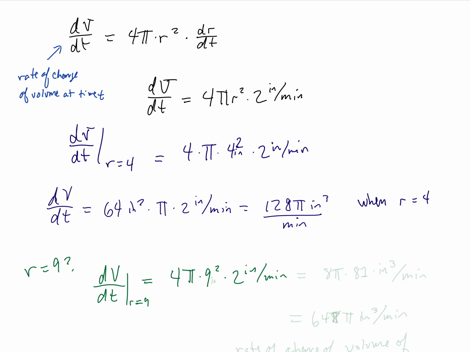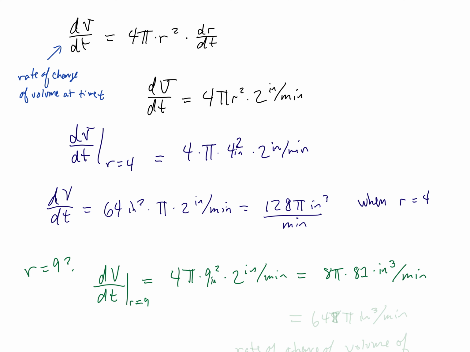And this is again in inches, so 9 inches squared. And so when we simplify that, we've got 8 pi times 9 squared is 81 times inches times inches squared, that's inches cubed per minute.